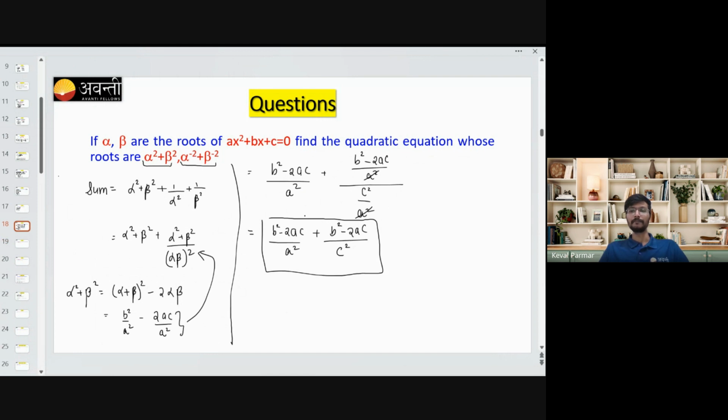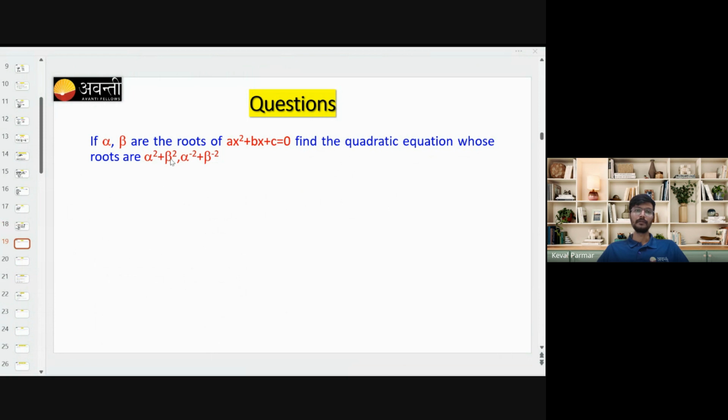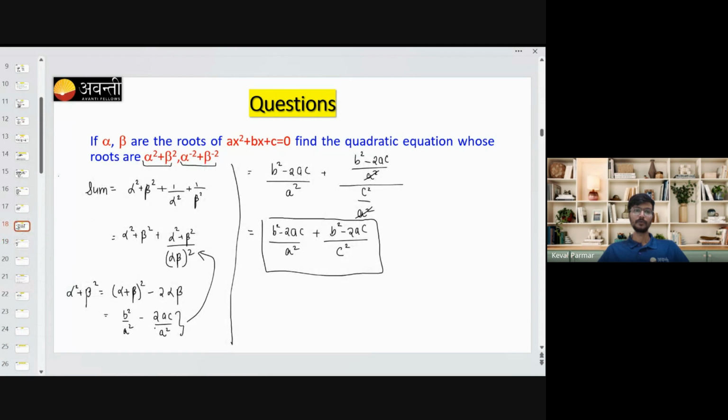Let us try to find the product of the roots. What is the product of the roots? The product of the roots will be (alpha square plus beta square) into (alpha square plus beta square) upon alpha beta the whole square. That is, (alpha square plus beta square) the whole square upon (alpha beta) the whole square. What is alpha square plus beta square?